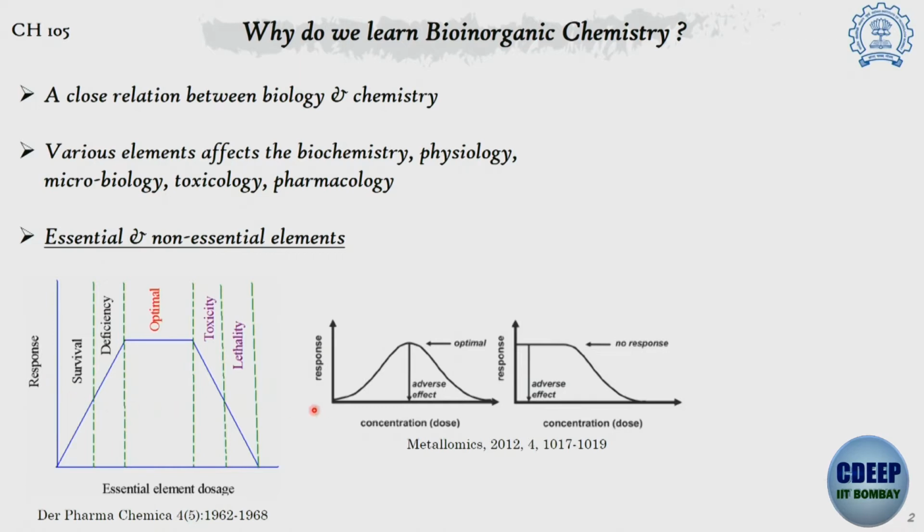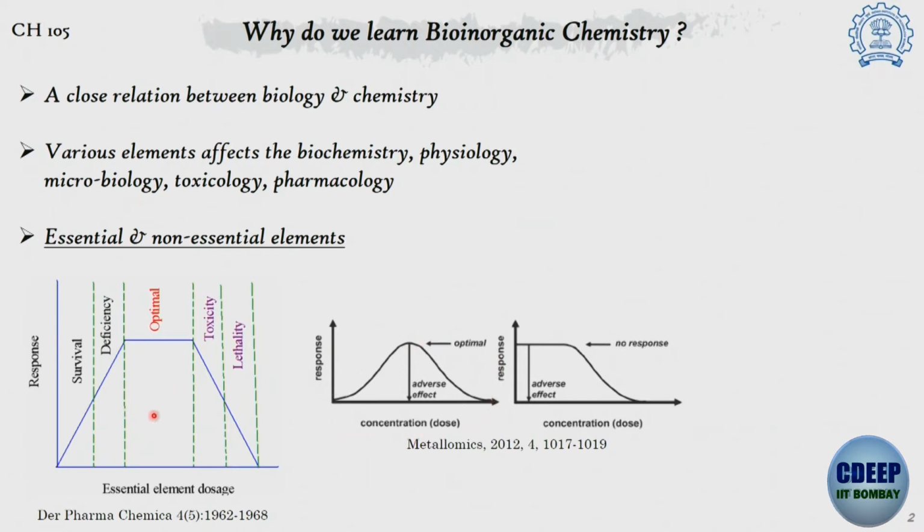What we have found is that most of the elements divide into these 2 different graphs. The first one, we found that there is an optimal concentration of the element which has a positive effect. On the other hand, some of the elements have no effect at all, but at a very high concentration they show a negative response. This one is called the essential elements, where we have an optimal effect.